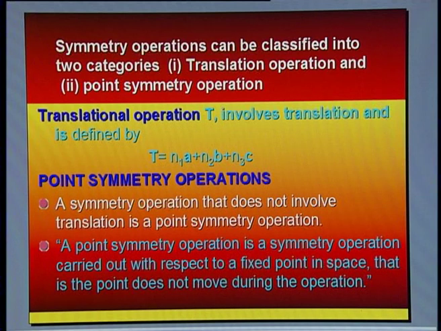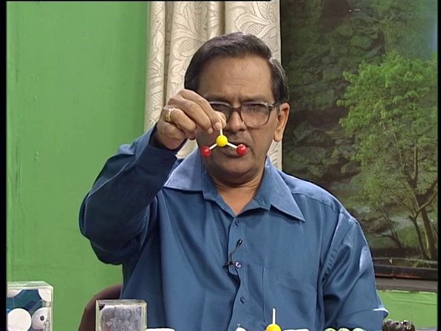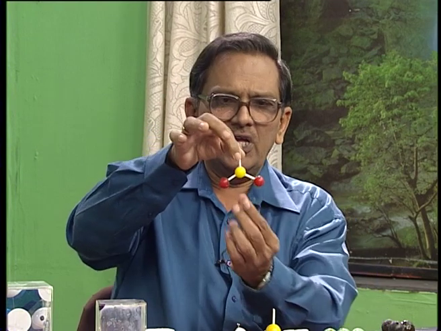Point symmetry does not involve translation, and I have shown you the water molecule. This has a particular symmetry. I can explain the symmetry: for example, if I imagine an axis of symmetry like this and rotate it by 180 degrees, before the operation and after the operation it looks exactly the same.